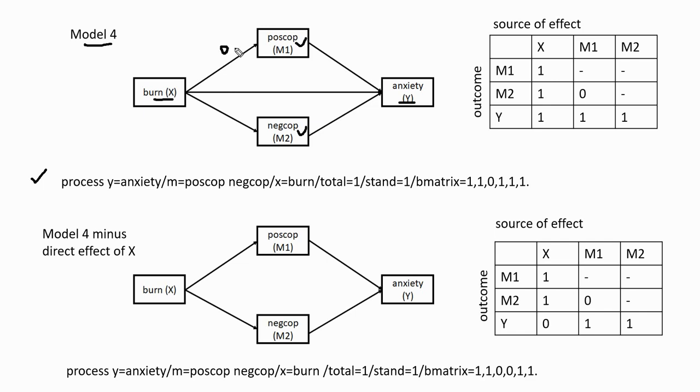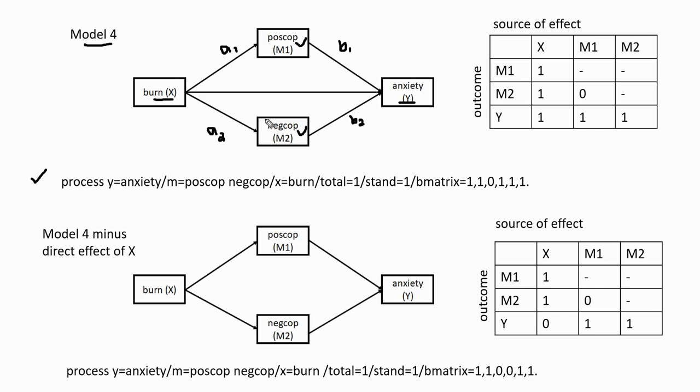The first specific indirect effect is calculated as a product of paths A1 and B1, and the second specific indirect effect is calculated as a product of paths A2 and B2. So the total indirect effect of burnout on anxiety would be calculated as a sum of those two specific indirect effects.